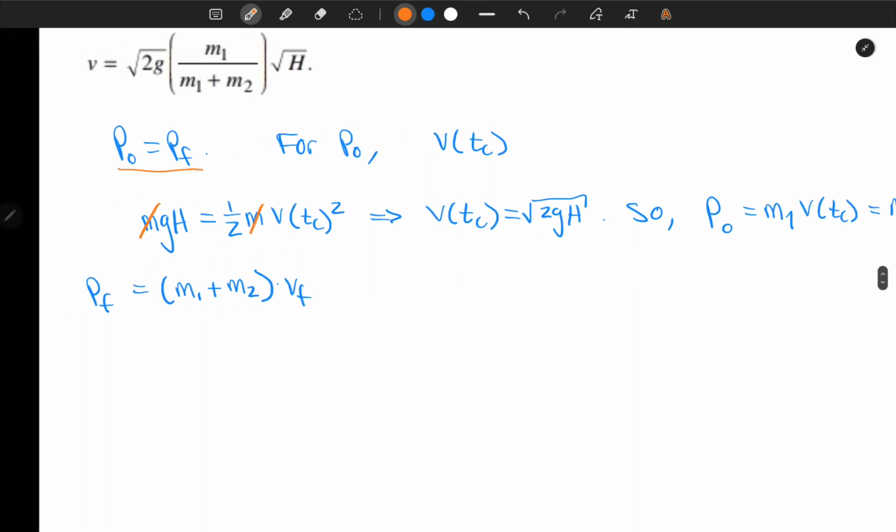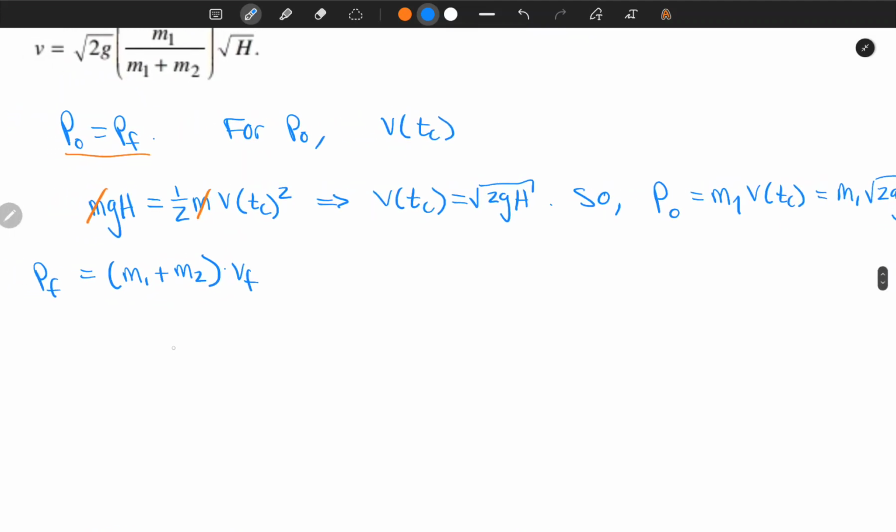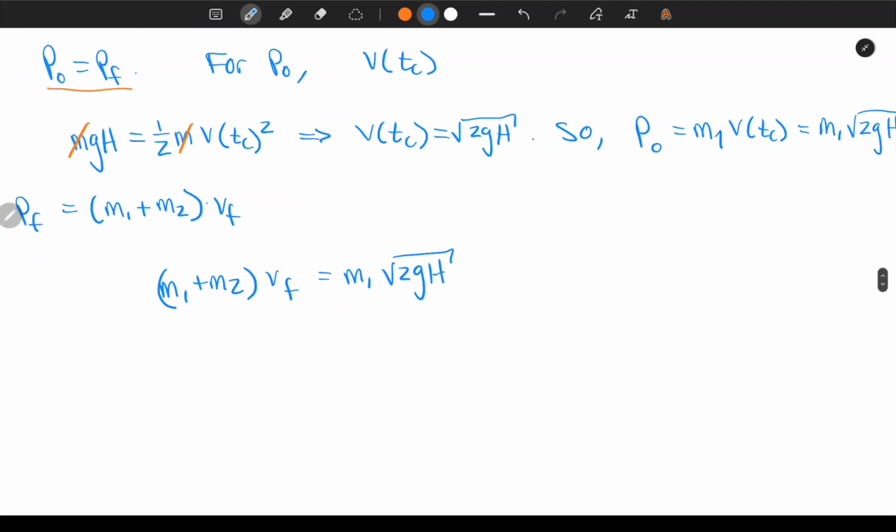using the conservation of momentum equation, we equate this equation here to that found above. So we say that m1 plus m2 times Vf is equal to m1 times the square root of 2gh. Then, solving for Vf, we find that Vf is equal to m1 divided by m1 plus m2 times the square root of 2gh.